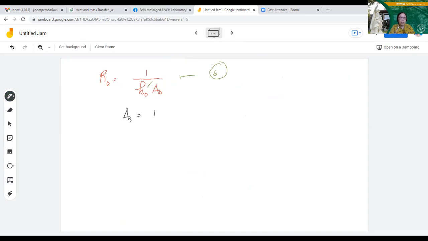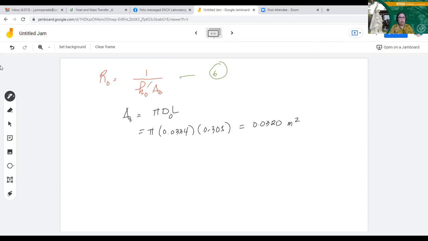The same thing, you will be using pi dl, but this time this should be d sub o. And you have pi. Our d sub o was shown to you already to have a value of 0.0334. We'll use the 0.305 as well. And you'll be getting a value for A sub o, which is 0.0320 square meter.